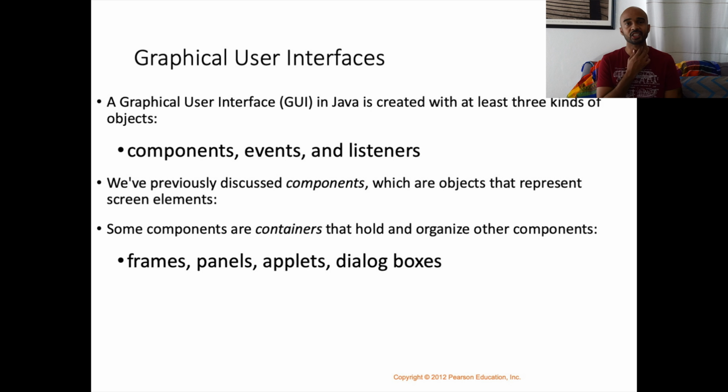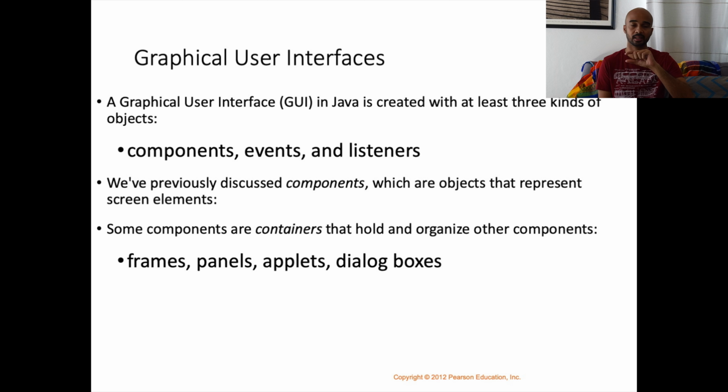So a GUI in Java is basically comprised of three main objects. Right? So there are components, events, and listeners. And we kind of brushed on the components aspect. Those are any objects that you can see on the screen. So a JPanel is something that you can see.